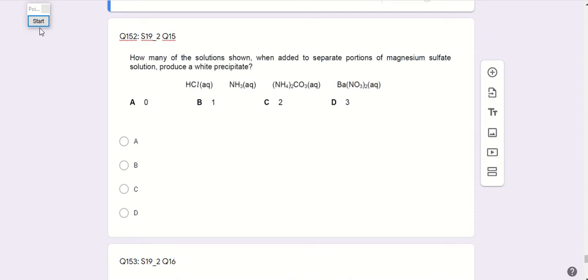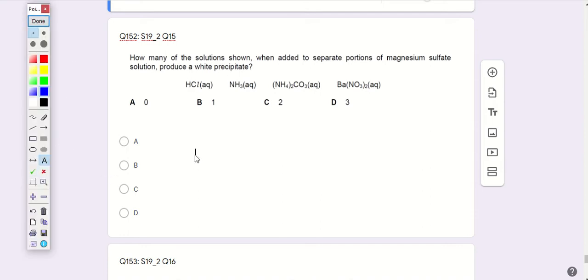So the first one we have is hydrochloric acid. Let's write an equation. Magnesium sulfate reacts with HCl. You get magnesium chloride and also H2SO4, sulfuric acid.